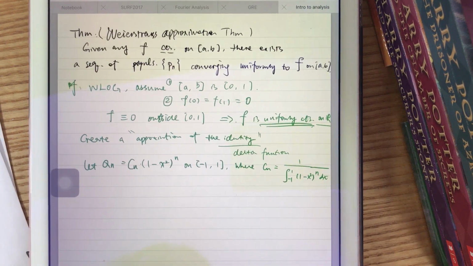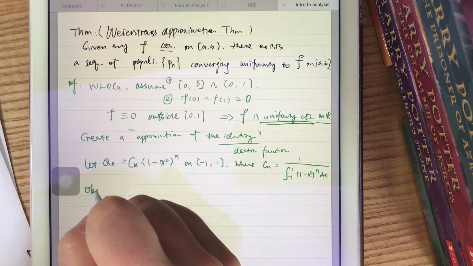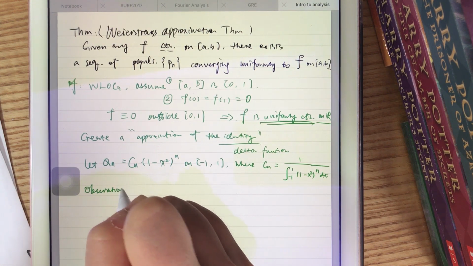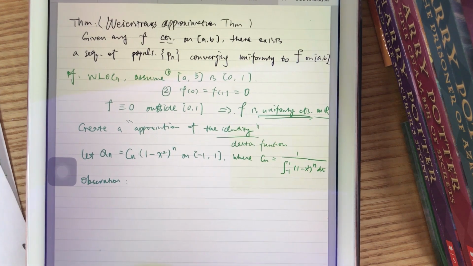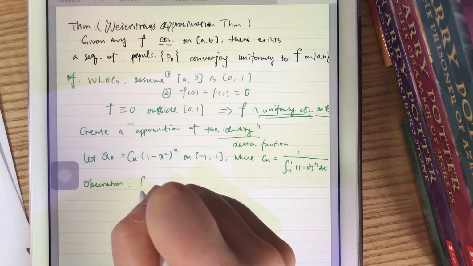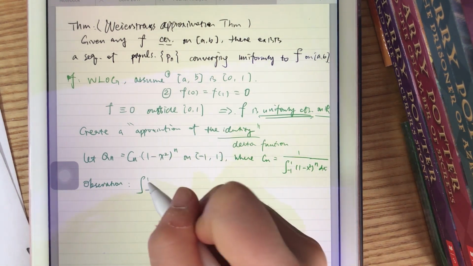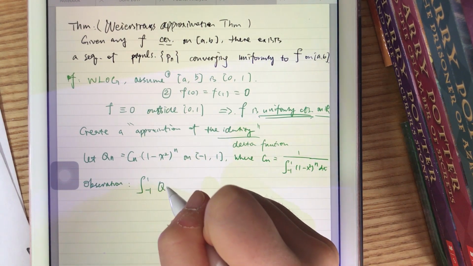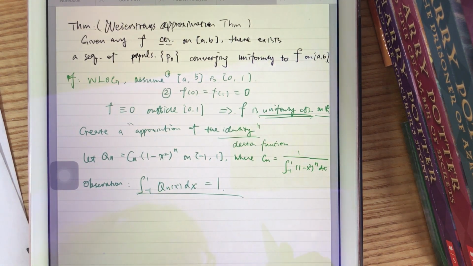When we did that, you will see that if we observe the functions that we just created, if we take the integral from minus 1 to 1 of Qn, you will get that the integral is equal to 1, right?